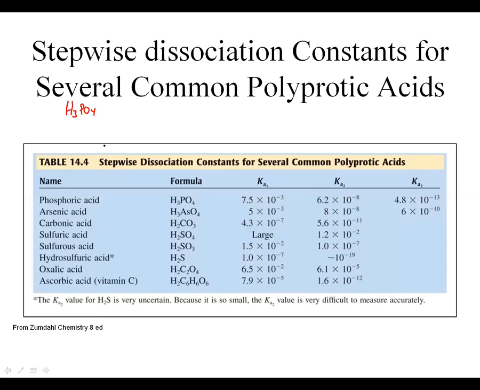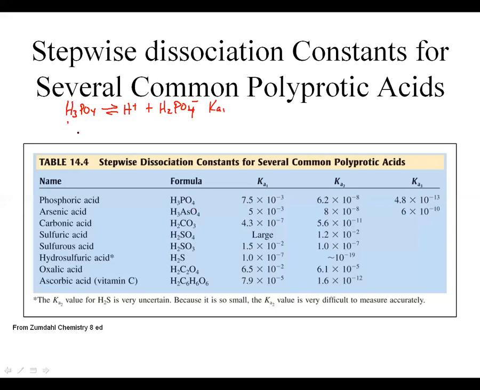the first thing that's going to happen is it's going to lose one H plus, and we'll end up with H2PO4 minus. And there is a Ka value for this, as we can see in this table.